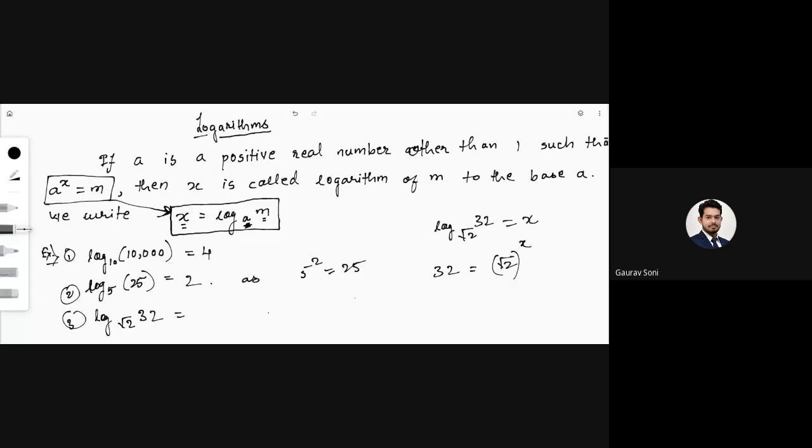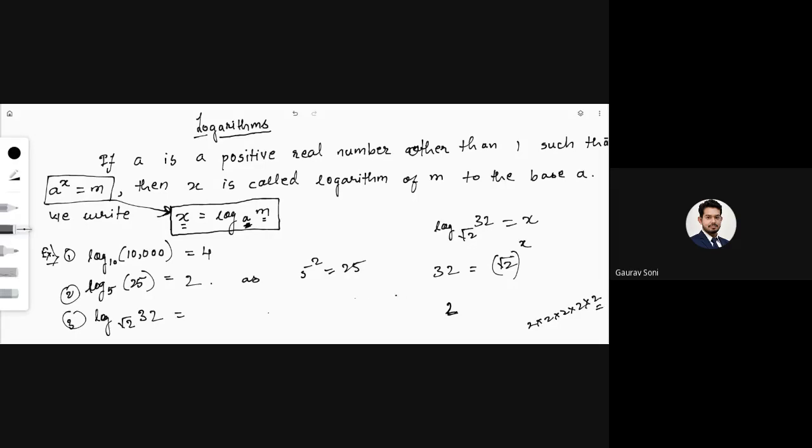Now 32 is nothing but 2 raised to, how many times do we have to multiply 2? 4 times, then it will become 16 into 2, you get 32.